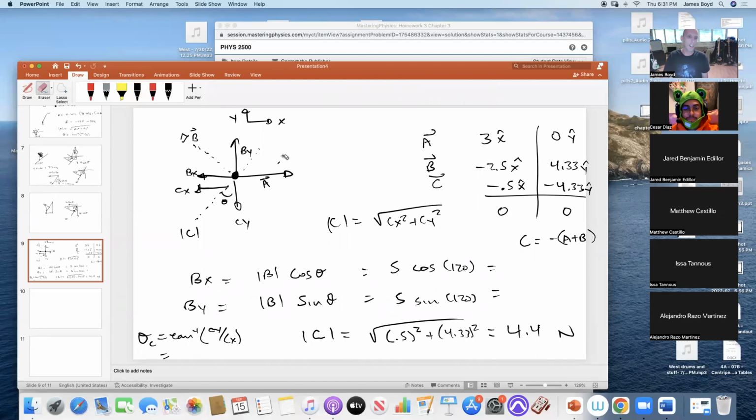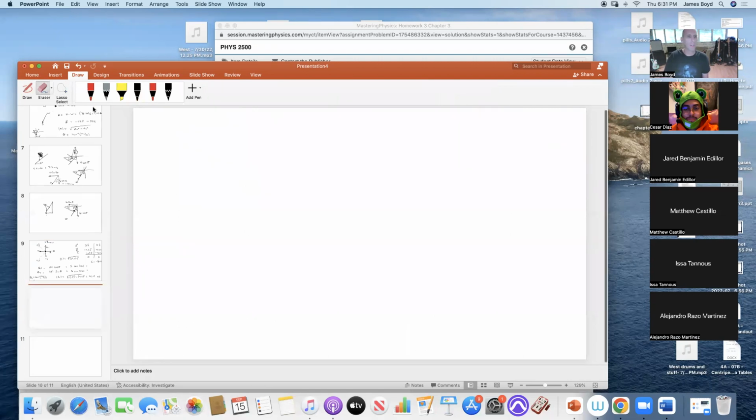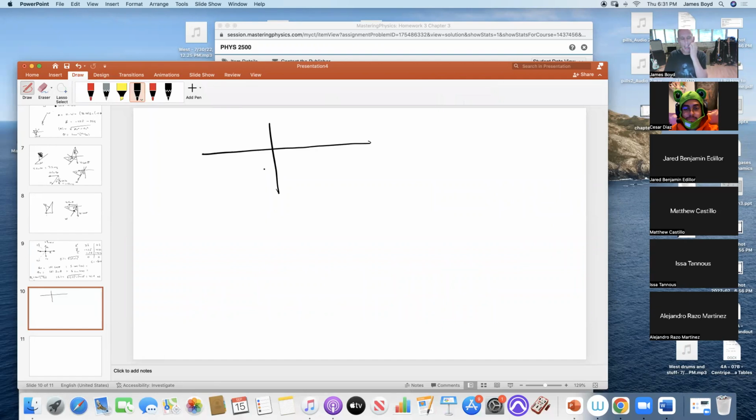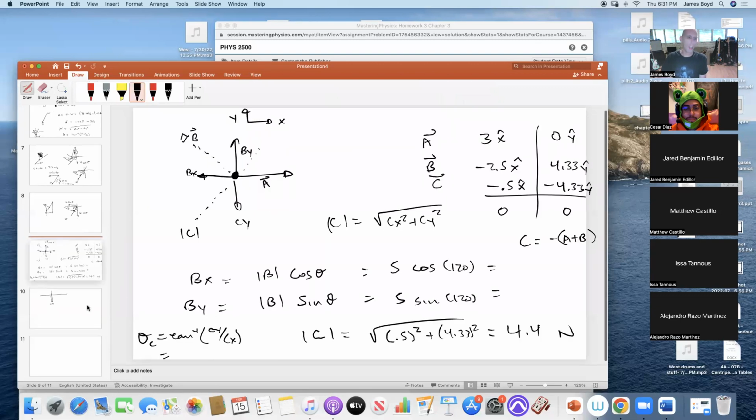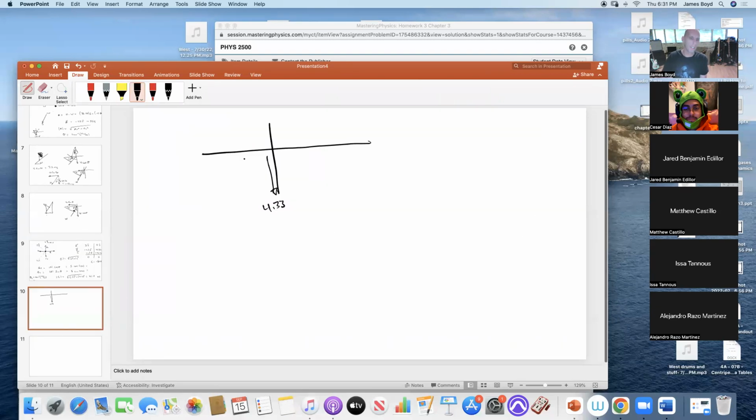So this should be, yeah, I think they're messed up actually. Let me redraw this. So if C has 4.33 in the negative direction and negative 0.5 in the X direction, it should look something like this.